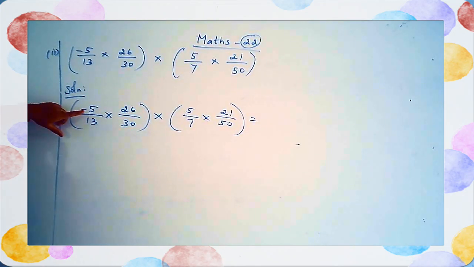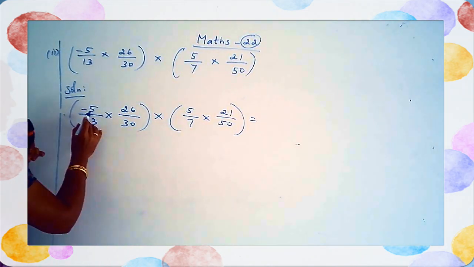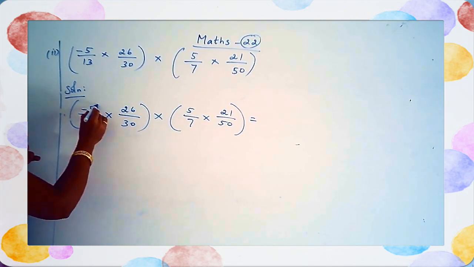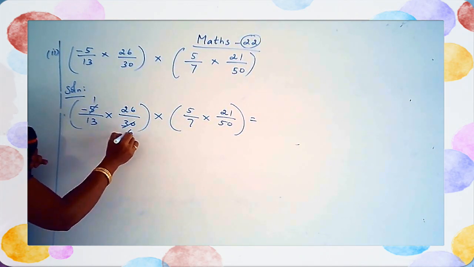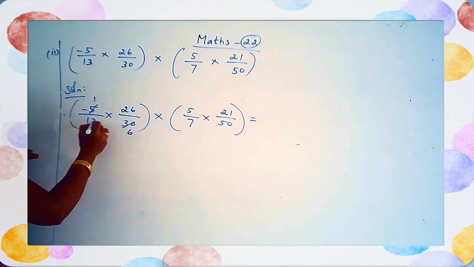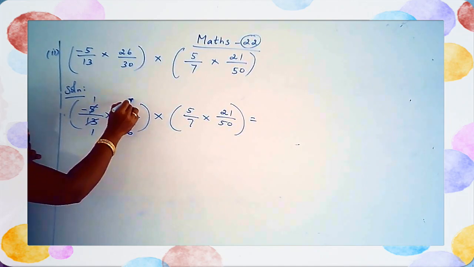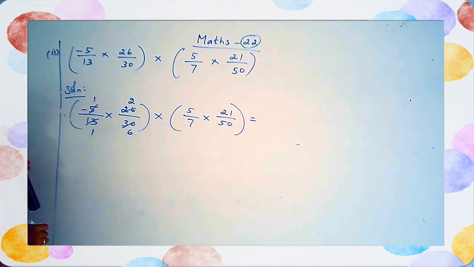Okay children. So we have to see whether in between numerator and denominator there are common factors. Yes, here numerator has 5, denominator has 30. 1 5 is 5, 6 5s are 30, and 13 and 26. 1 13 is 13, 2 13s are 26.